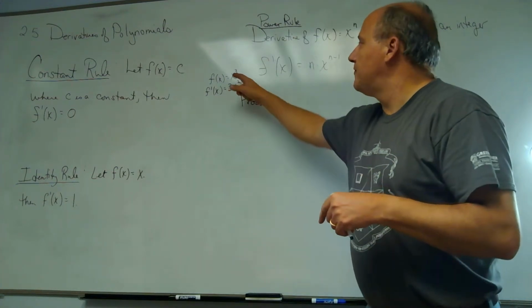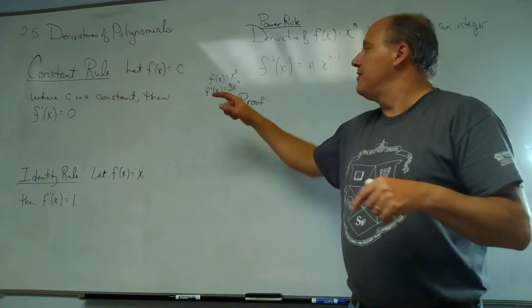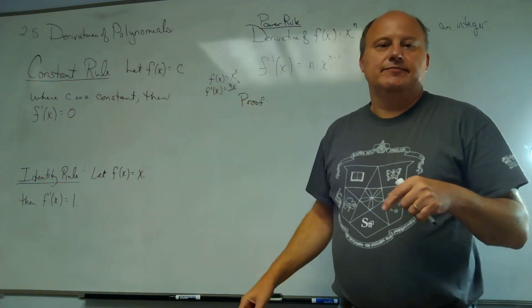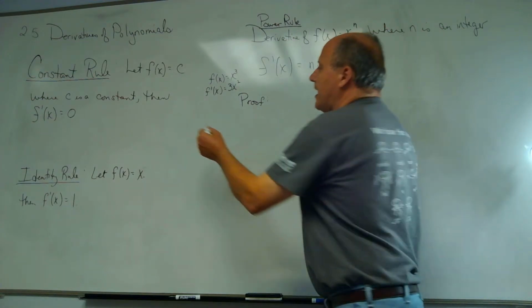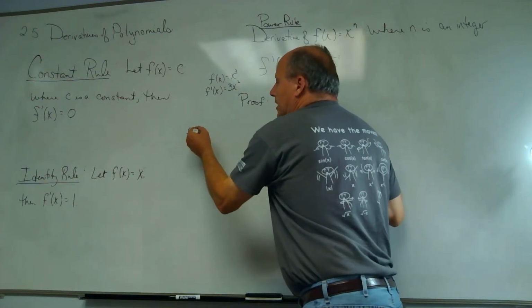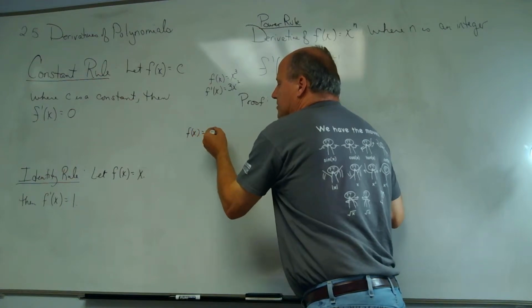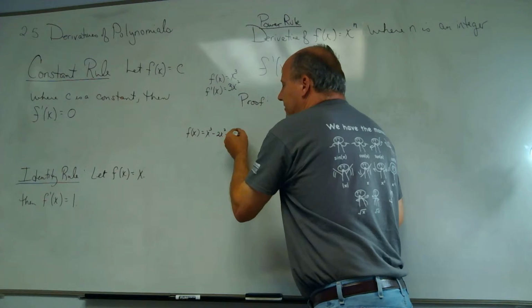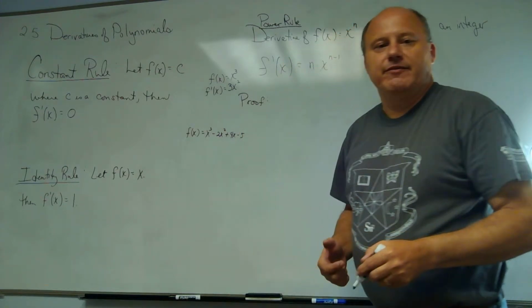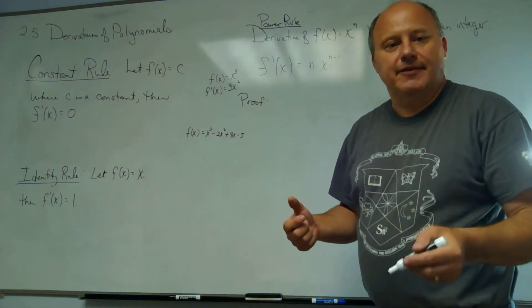So the function x cubed, the derivative of that is 3x squared. So, and if you have a string of those, so if you have like f of x equals x to the third minus 2x squared plus 4x minus 5, then the first derivative can be found very, very easily.